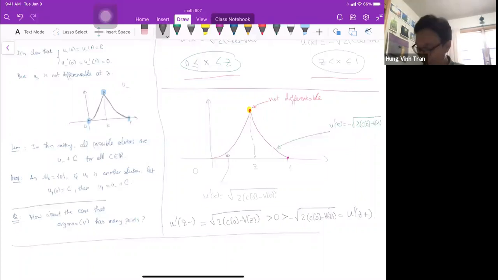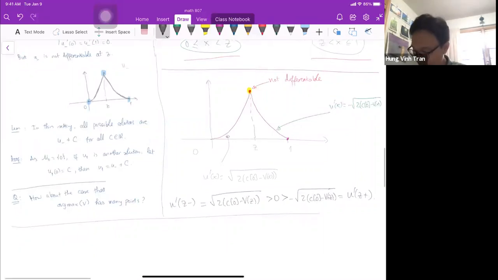And we claim that this u is a weak KM solution. Again, in the PDE language, we say that u is a viscosity solution. Okay, so that's our claim.